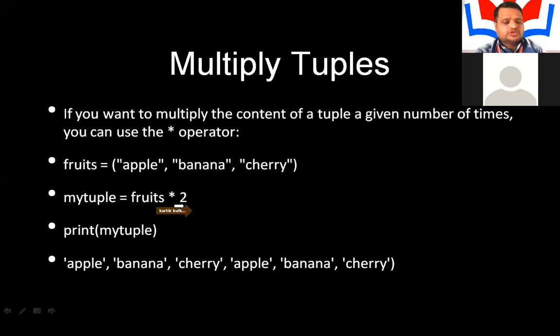Here in the slide I gave 2. When I print my tuple, apple, banana, cherry is repeated: apple, banana, cherry, apple, banana, cherry. So in the output we get the elements of the fruits tuple twice. This is the theoretical explanation of how to multiply tuples.